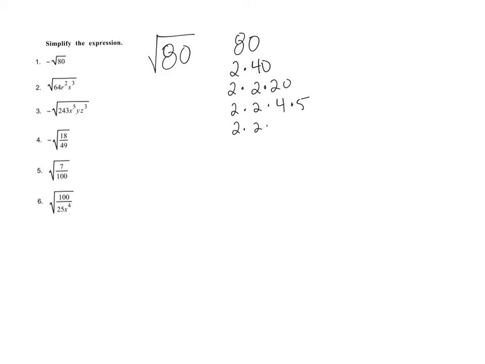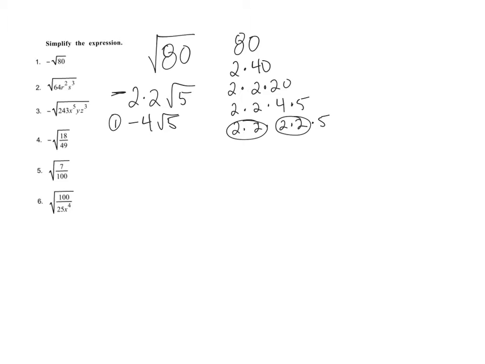So we have 2 times 2, and 4 is 2 times 2, times 5. Remember, when we're simplifying square roots, we're looking for pairs. We have a pair of 2's and another pair of 2's, so that comes outside the square root. The negative stays out front. So it's 2 times 2, square root of 5, and negative 4 square root of 5 would be your answer for number 1.